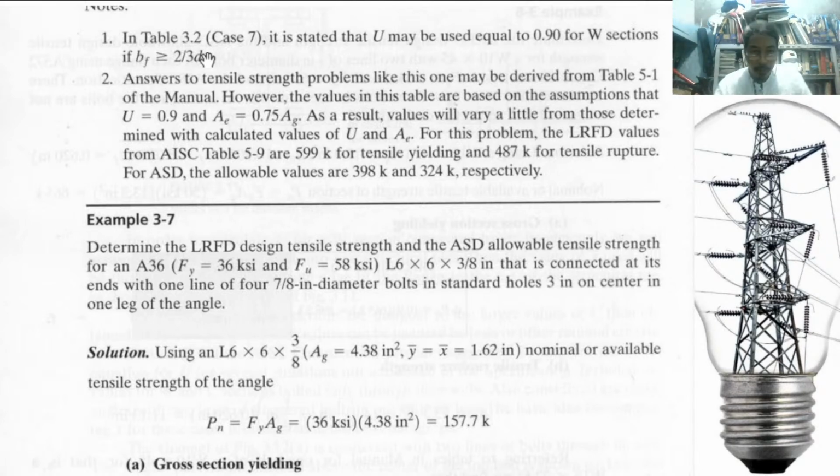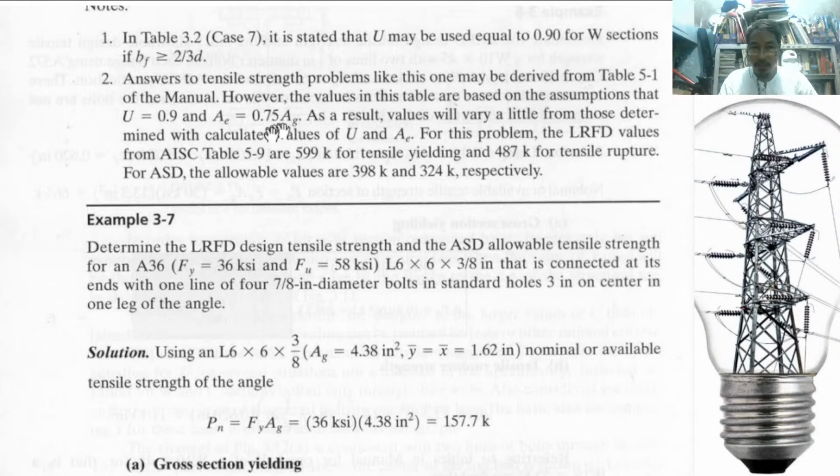Number 2, answers to tensile strength problems like this one may be derived from table 5.1 of the manual. However, the values in this table are based on the assumptions that U is equal to 0.9 and effective area is equal to 0.75 times gross area. As a result, values will vary a little from those determined with calculated values of U and effective area.